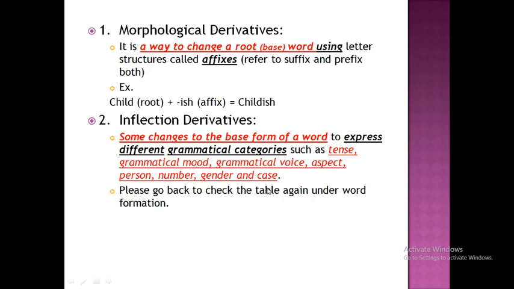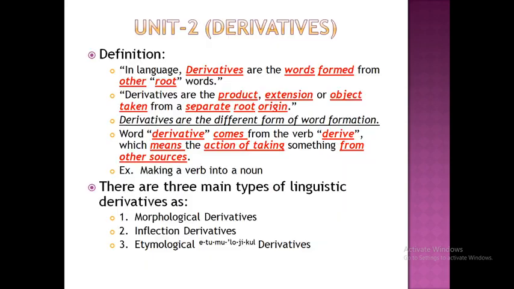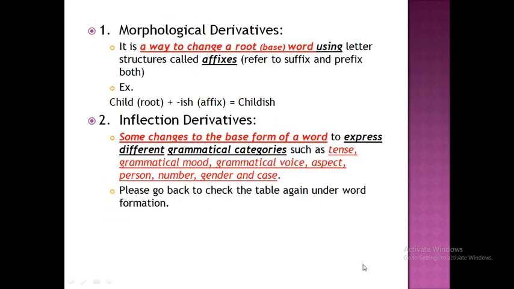I am reaching every one of you to this example table which I gave for inflection word formation. I think all of you must have remembered this now. So inflection derivatives are the way where we change a word grammatically to reach different grammatical aspects, such as tense, voice, aspect, person, gender, case.